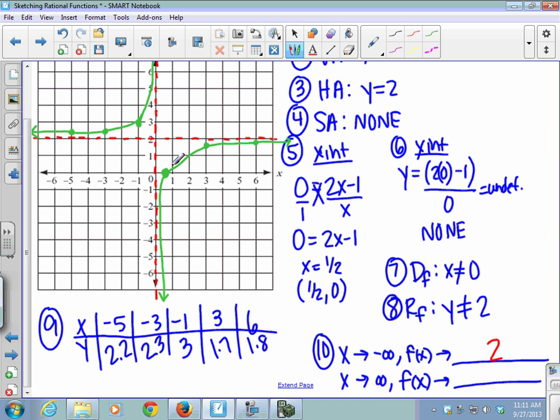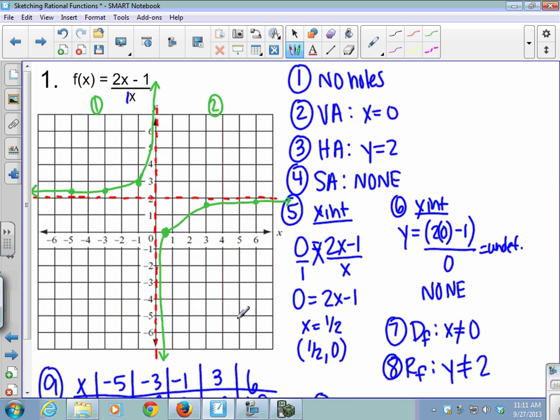On the other side, as x goes out to +infinity, this graph is getting really close to the asymptote again, so it's going to approach 2 as well. So both sides are going to approach 2 as we go far out in the negative way or in the positive way. And so then that's everything we need to know to sketch our rational function.